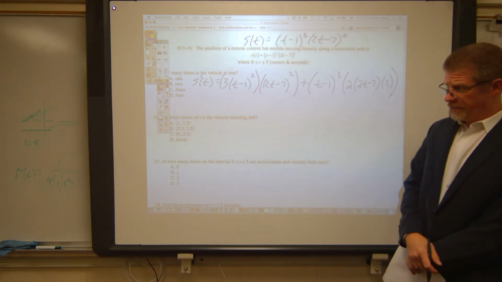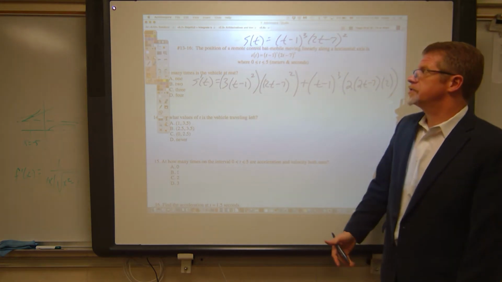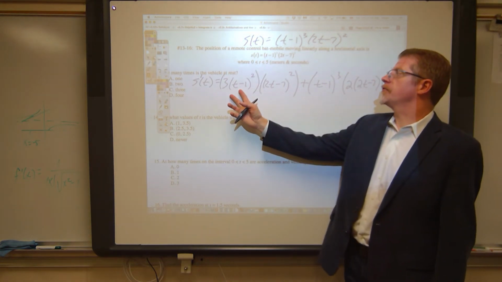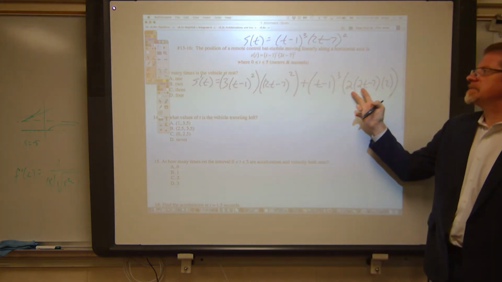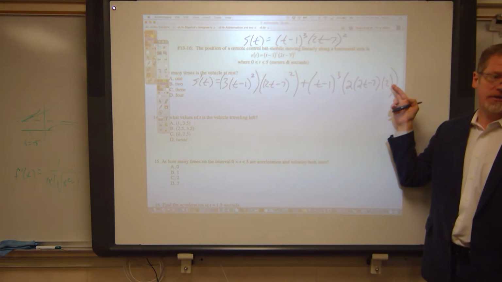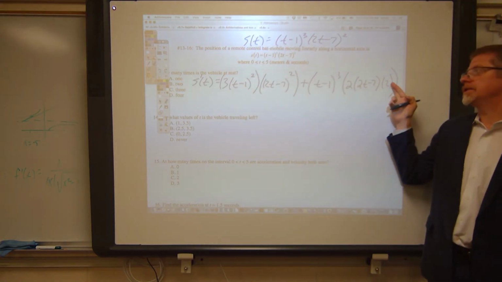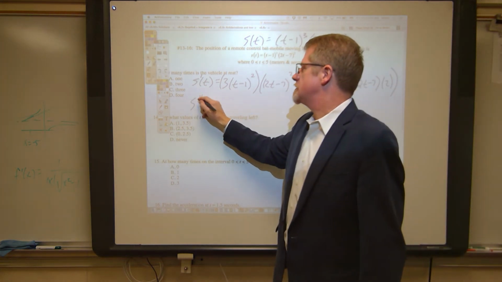I've done some preliminary work here. The narrative that's guiding my choices is derivative of the first times the second plus first times the derivative of the second, which requires careful application of the chain rule. Even though this looks scary, it's not too hard to simplify.